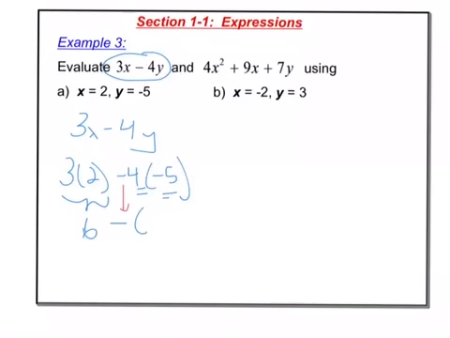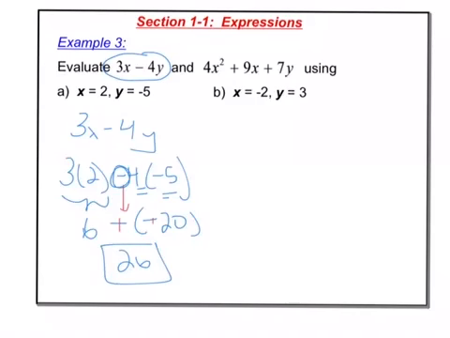Again, you have to be very careful here with what you're doing with this subtraction sign. So since I left it as subtraction, now it becomes 6 minus negative 20, which now I can change to 6 plus positive 20, and that's going to give me 26 as my answer for part A.